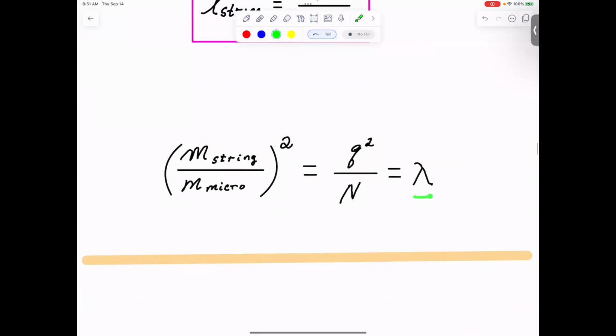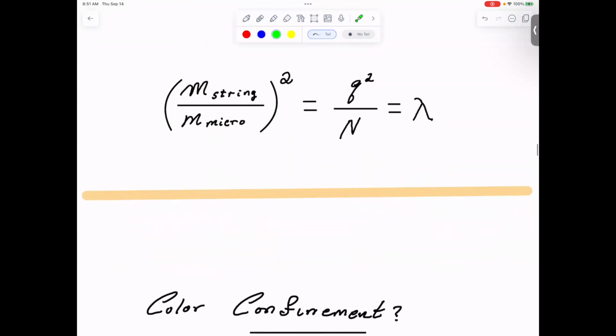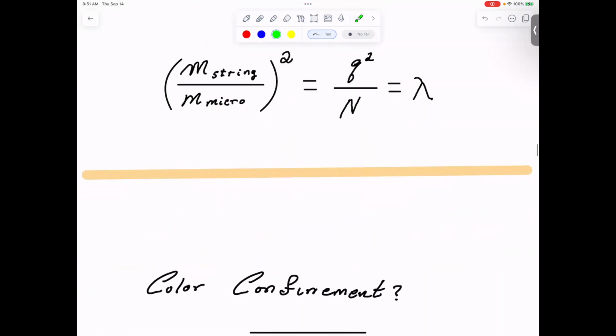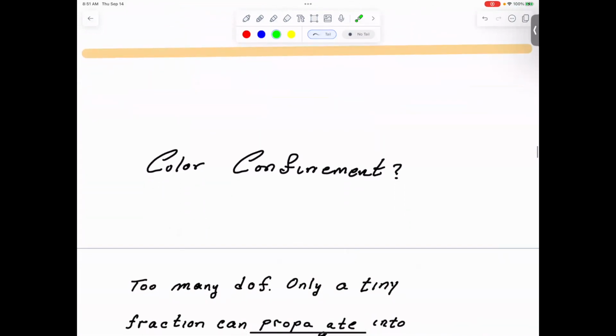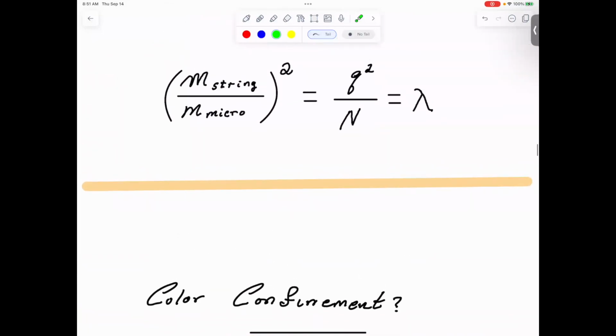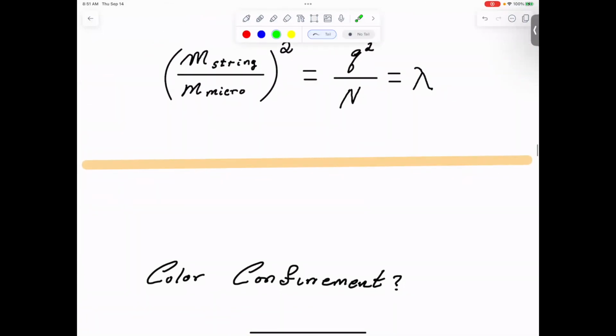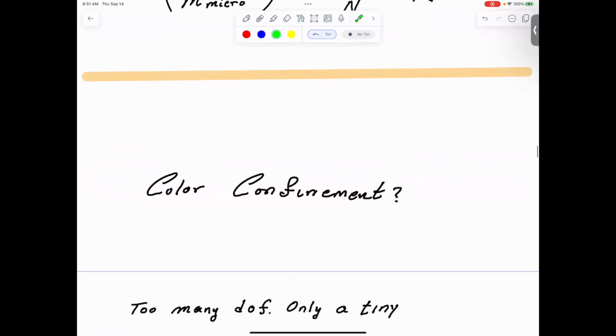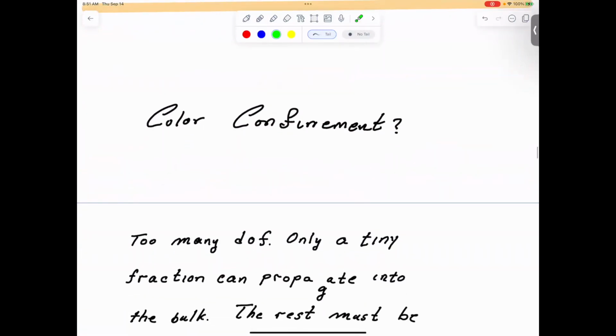Again, holding fixed the lambda parameter is the same as holding fixed the string scale in units of the microscopic scale. Now, that to me is an extremely striking fact.